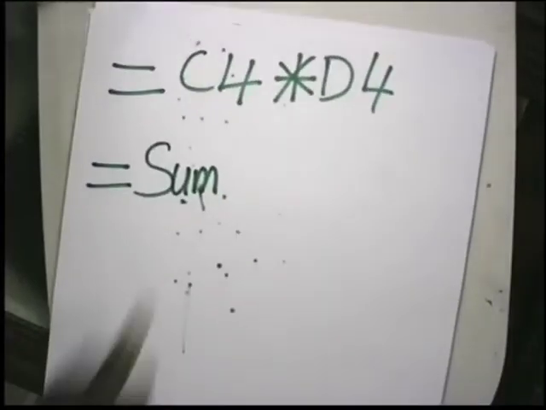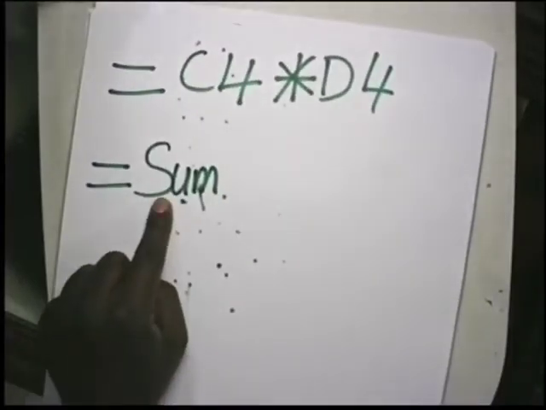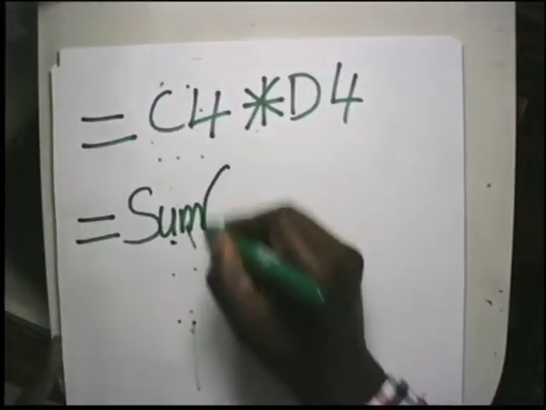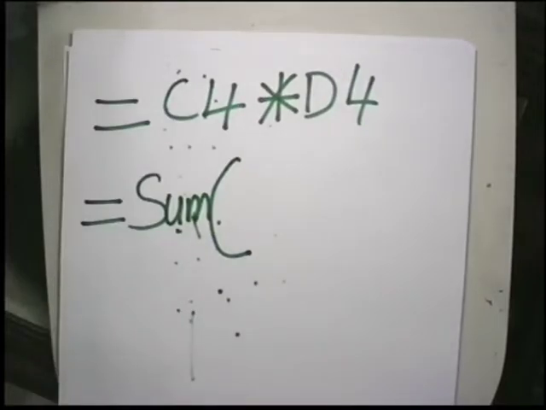Sum is a function that we use in adding values together. That is numbers. You say sum, open a bracket. I want to sum all these numbers together from E4 to E9.